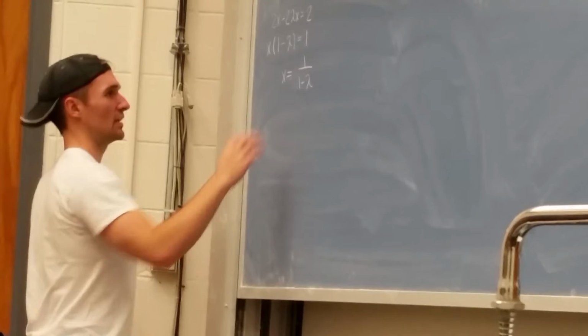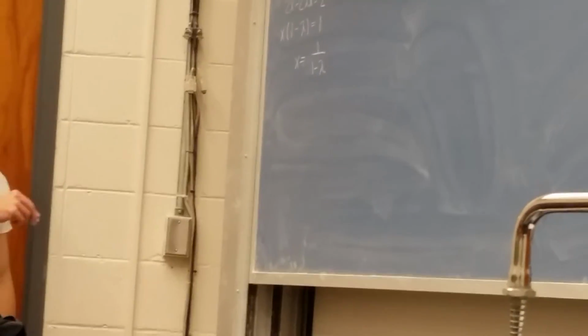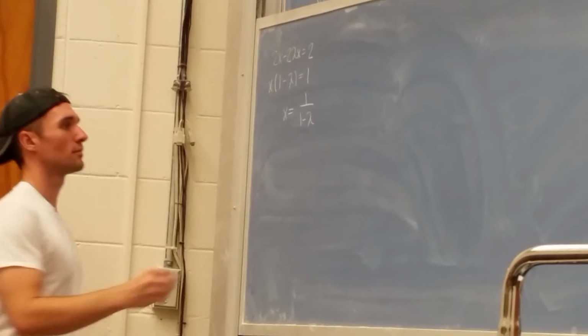So this is okay to do. We can divide by 1 minus lambda, and you can see that we get the same thing for y and z if you do the same process.